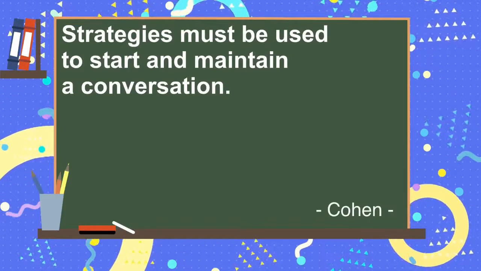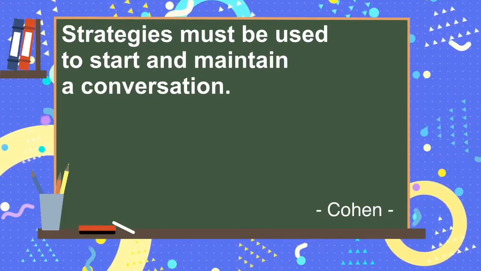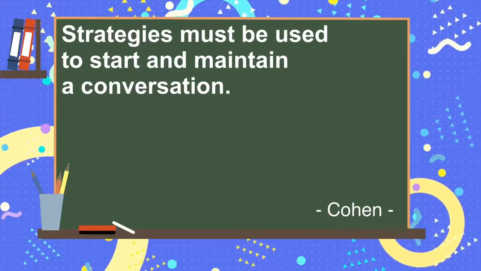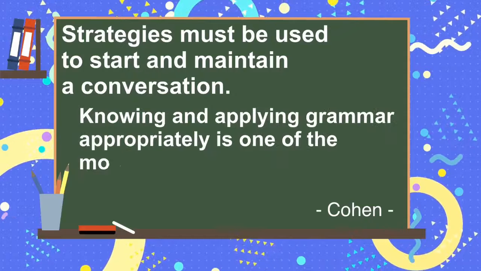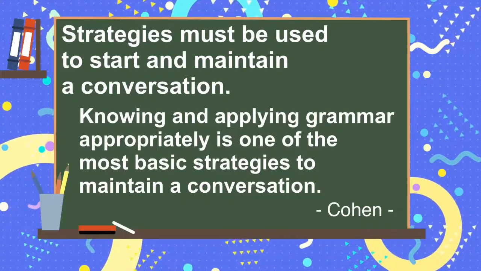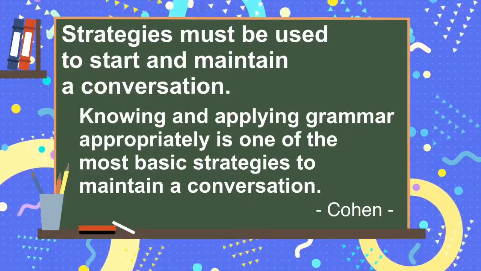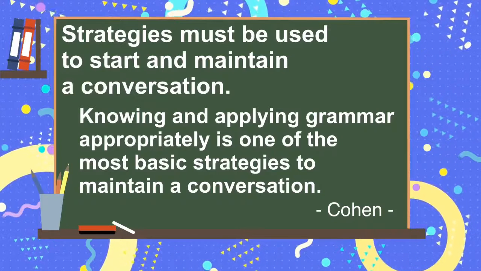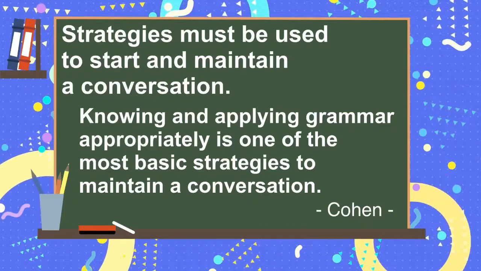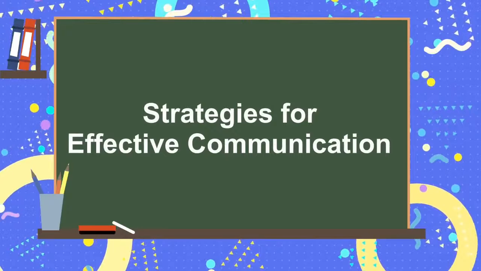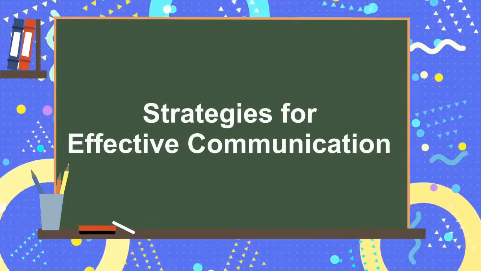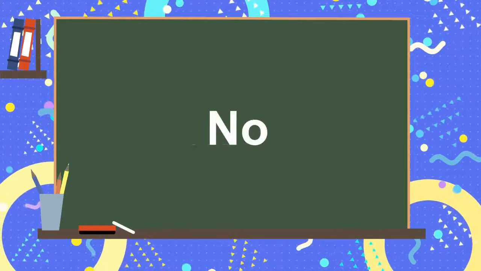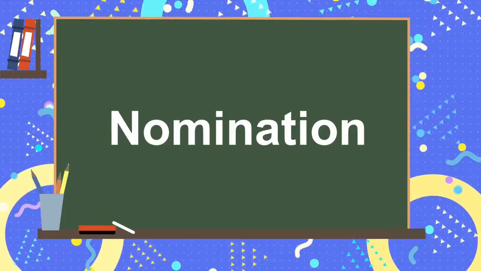According to Cohen, strategies must be used to start and maintain a conversation. Knowing and applying grammar appropriately is one of the most basic strategies to maintain a conversation. So here are the strategies for effective communication. The first one is denomination.